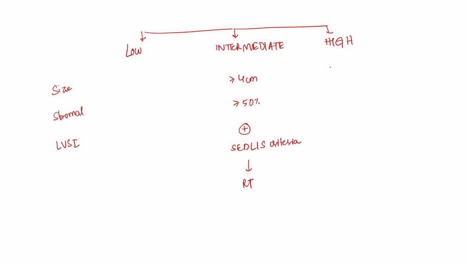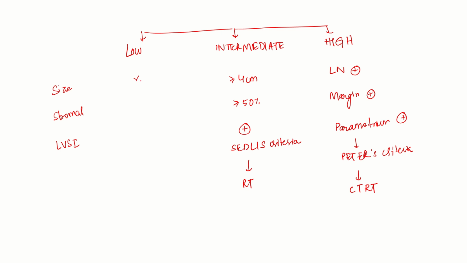Coming to high risk, the mnemonic is LMP: lymph node positive, margin positive, or parametrium is involved. As per Peters criteria, these patients should receive CTRT. If none of these are present, then it is considered low risk.